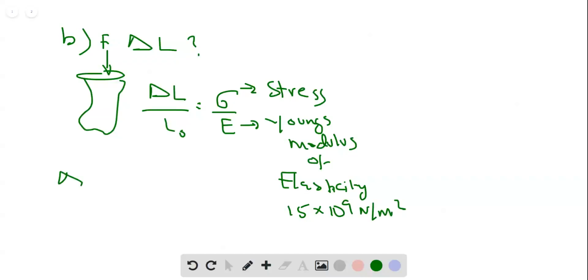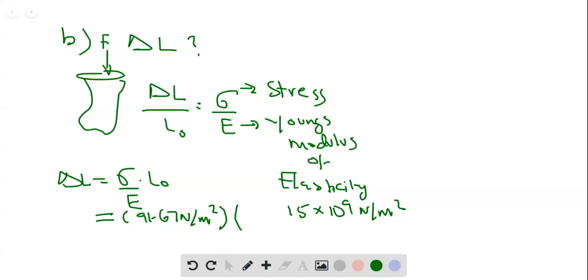This is going to help us compute delta L, which is sigma over E times L naught. Sigma is 91.67 newtons per meter squared, and then L naught is 0.22 meters.